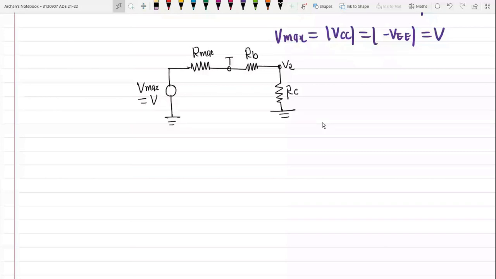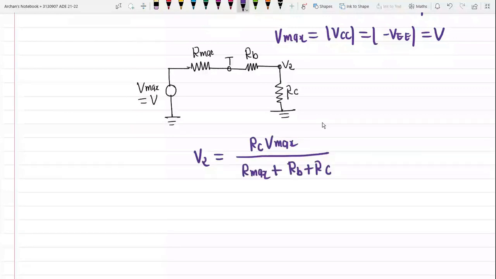From this network we will be able to write the equation of V2. V2 is equal to RC into V max divided by R max plus RB plus RC.